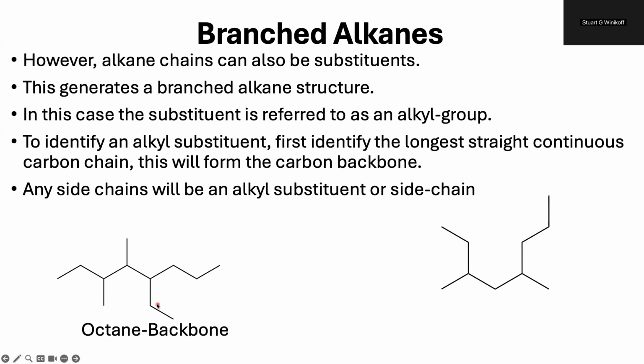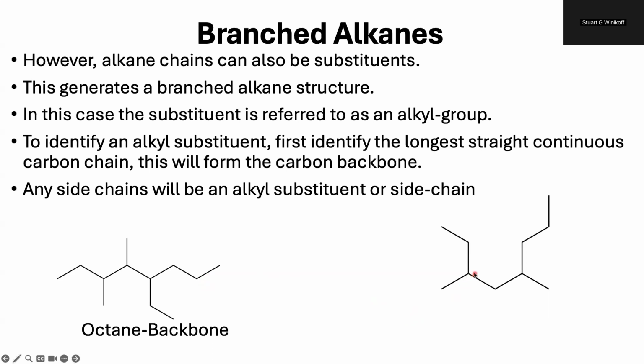In this case, our longest backbone is an 8-carbon species: 1, 2, 3, 4, 5, 6, 7, 8. Any other one will be a little bit shorter. So we have a nice octane carbon backbone. In the second case, it can be a little harder to identify.